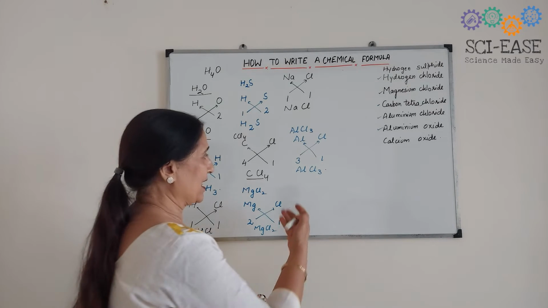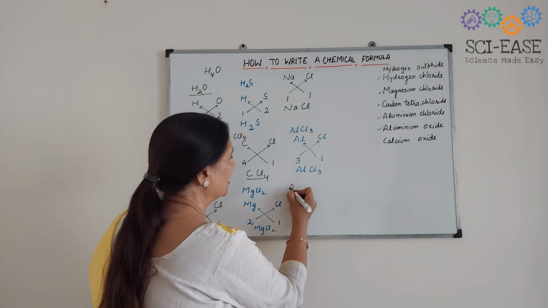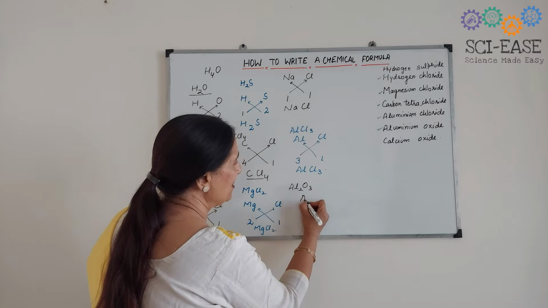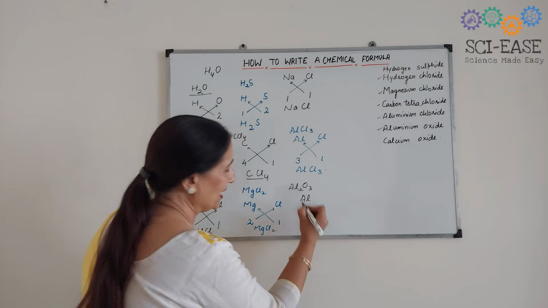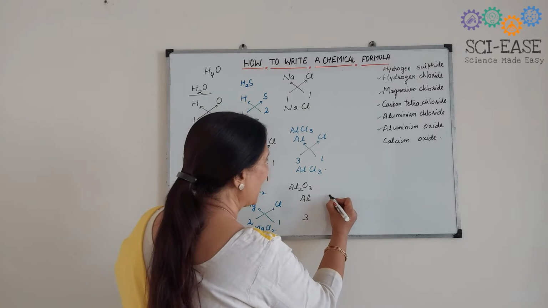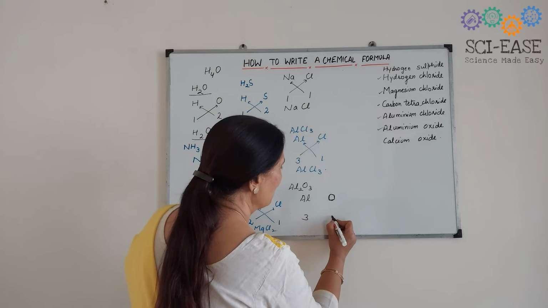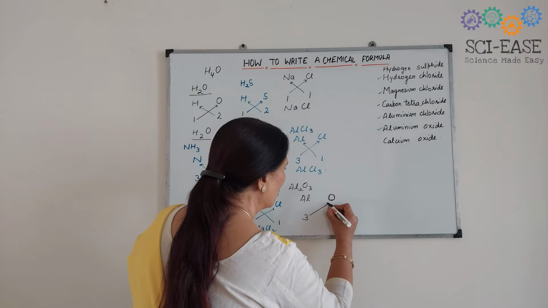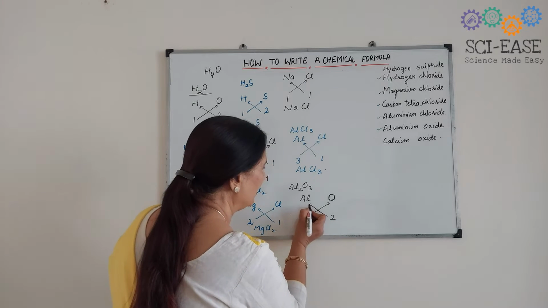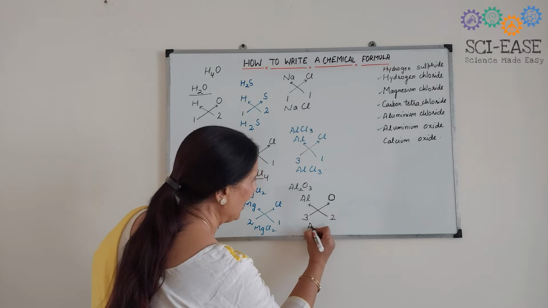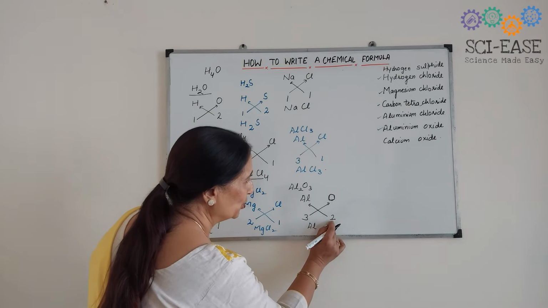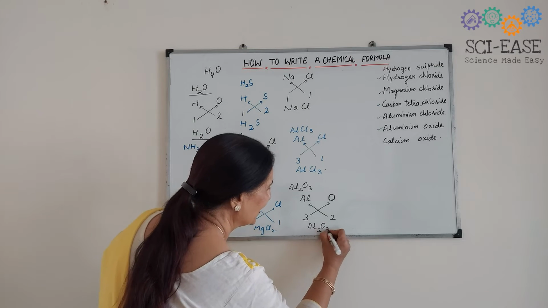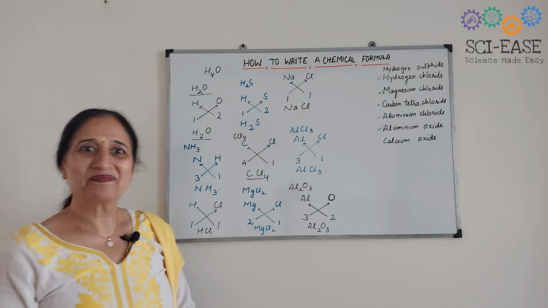Now I will take up the next compound, aluminium oxide. Aluminium has valency 3. Oxide has valency -2. We are not to write the minus sign. So here what will you get? Al2O3. Clear?